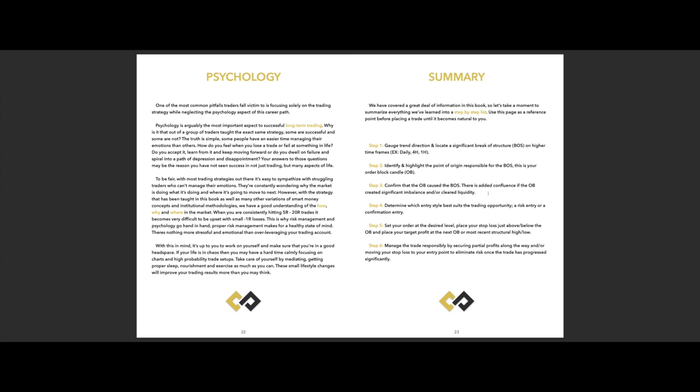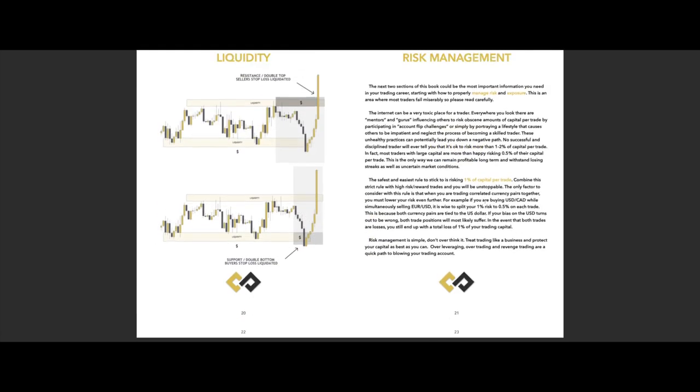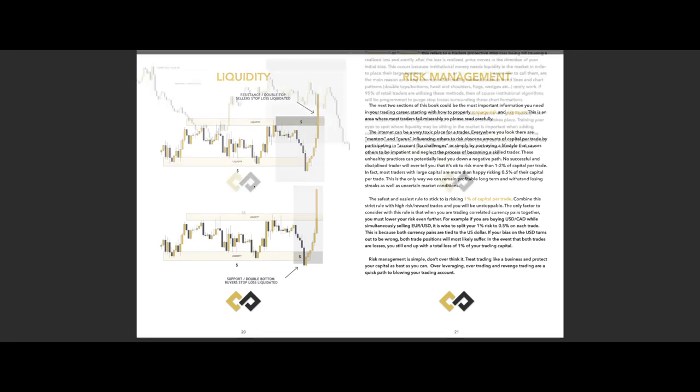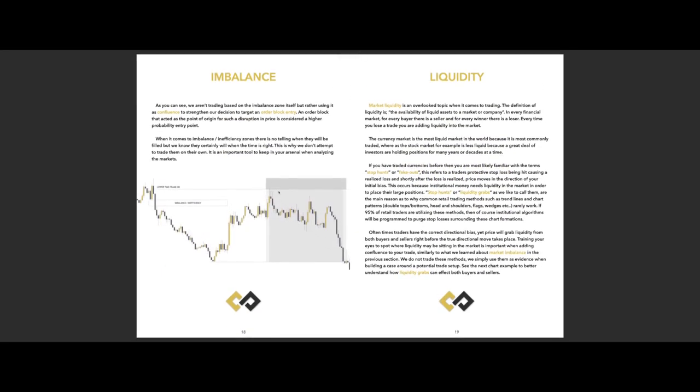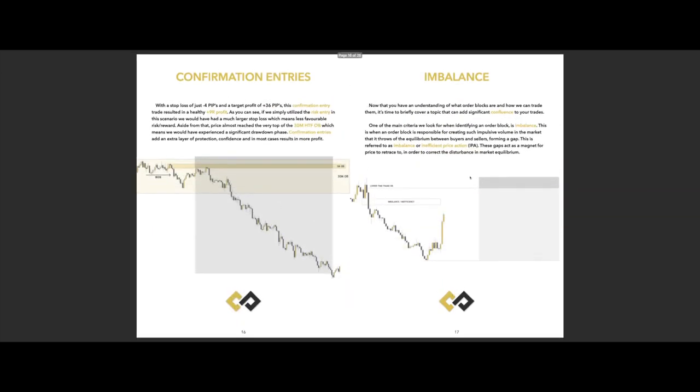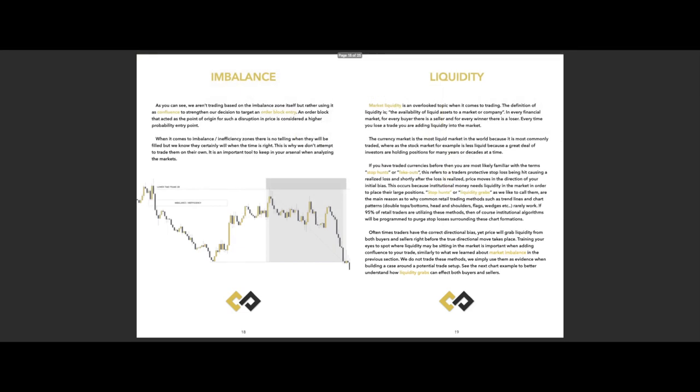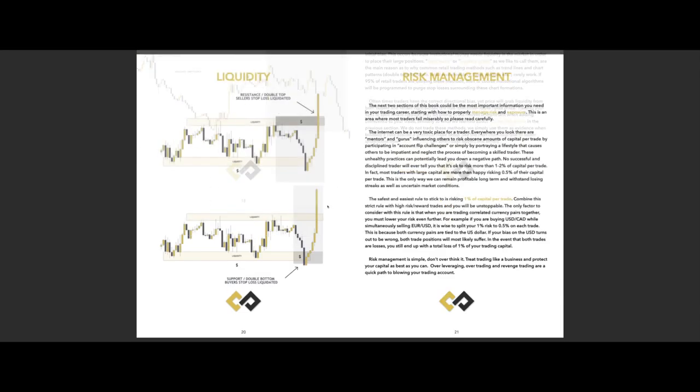All right, so another thing here, there is added confluence if the order block created significant imbalance and or cleared liquidity. So of course we're going to go over this in future videos. However, there is a section on liquidity. There is a section on imbalance within the ebook here, which you all have access to. So if you're watching this before the other videos are out, then just head over to the ebook and briefly go over the imbalance and liquidity sections, because it'll explain basically what that is.